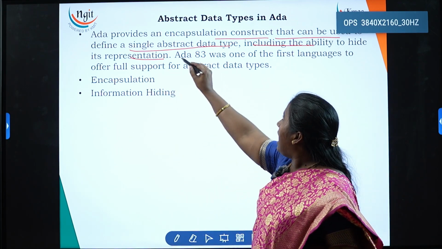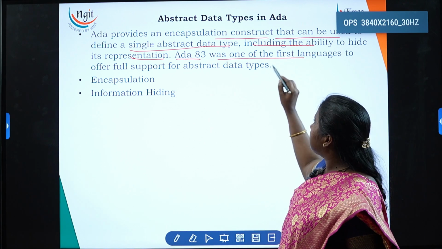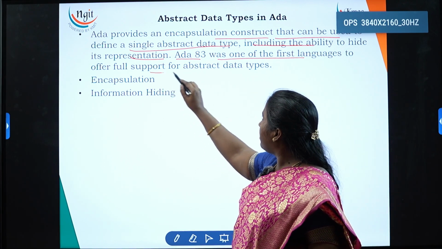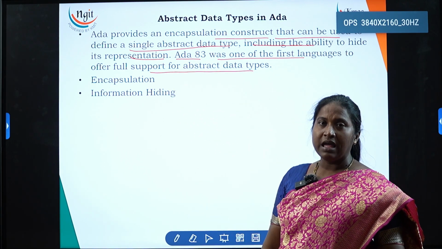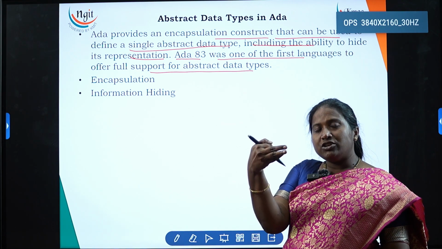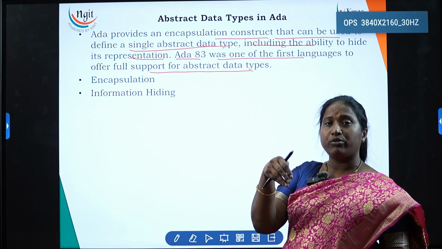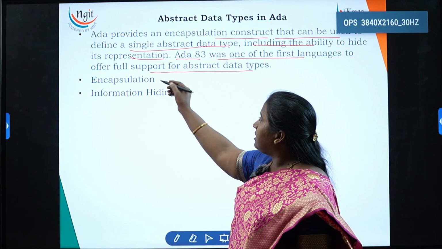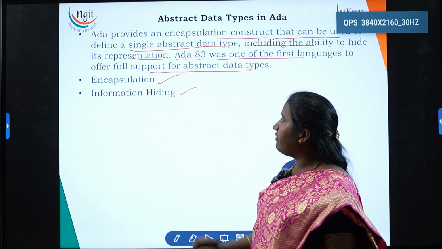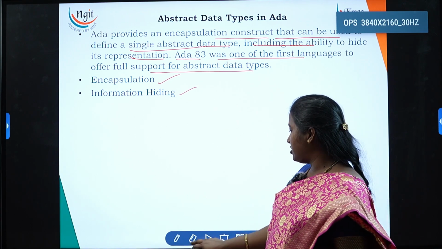Ada 83 was one of the first languages to offer full support for abstract data types. That means the three design issues that were discussed are all supported in Ada, with the help of encapsulation and information hiding.